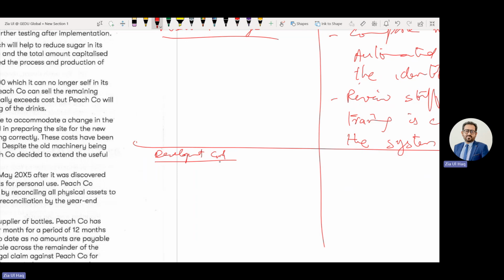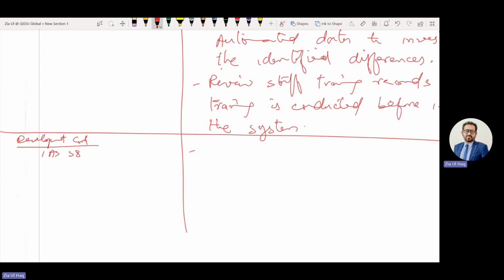For IAS 38, development costs should be capitalized by meeting certain criteria, i.e. technical feasibility, commercial viability, availability of resources. If the company capitalizes development costs without meeting the criteria, the asset could be overstated. How can we verify this? What will be our audit approach, whether the criteria is met or not?